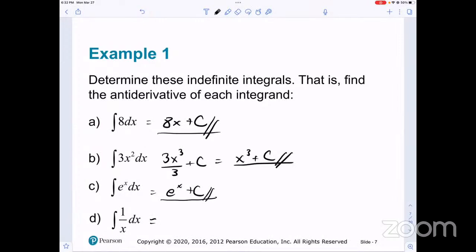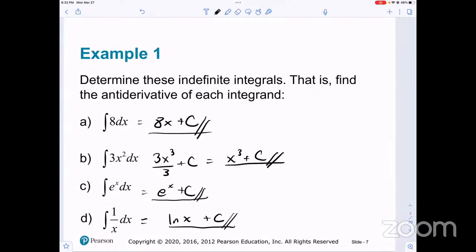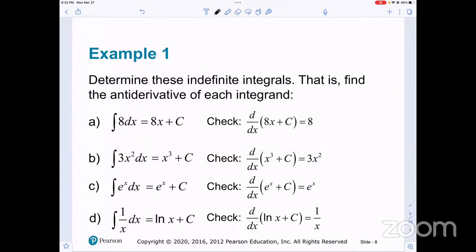Natural log of x plus some constant? Because the derivative of ln x is 1 over x. Okay, I feel good about these results. You see the first one here. Here's the next one. We got that one. I think we got all of these. And again, notice they're checking by taking the derivative.